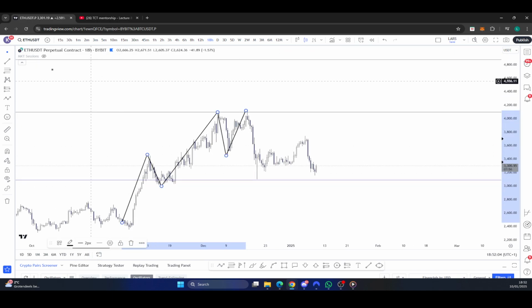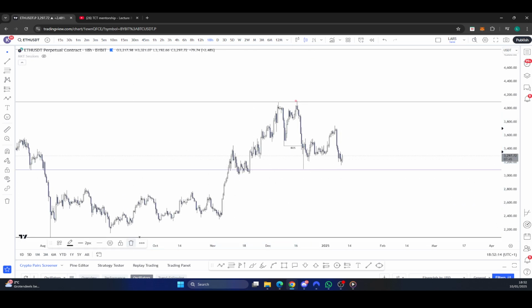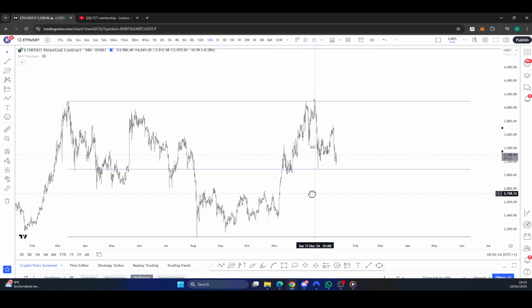Let's make that a bit thicker. So we swept the range high, completing the PO3, hitting a technical target, and then we broke structure back to bearish.